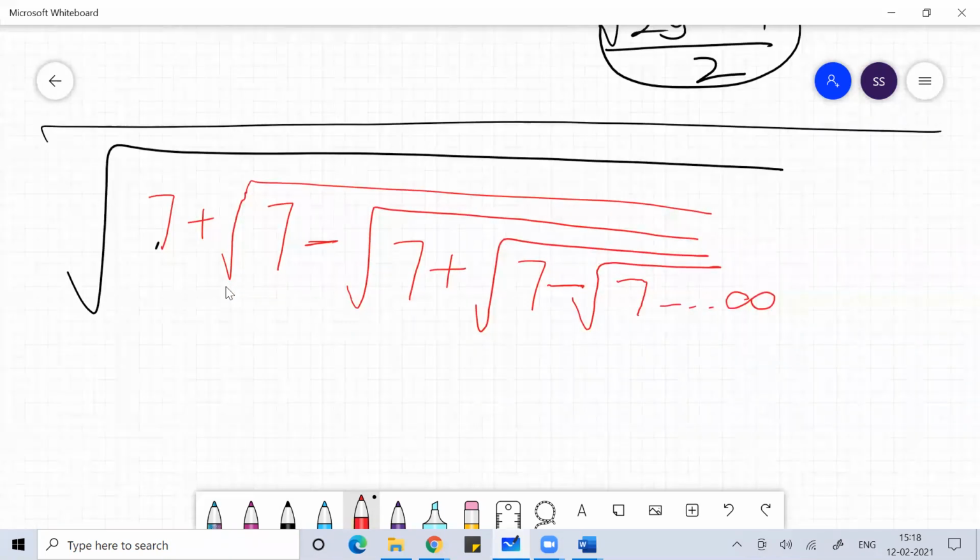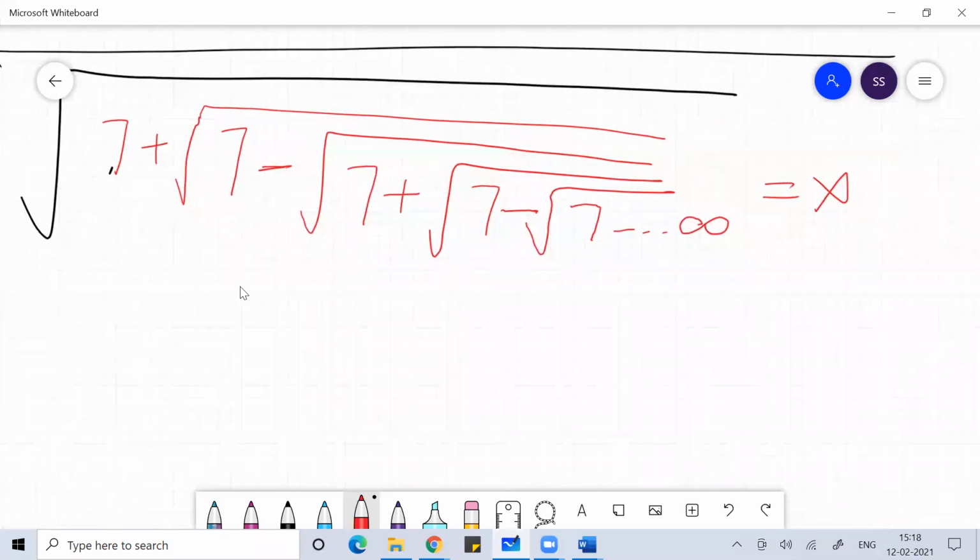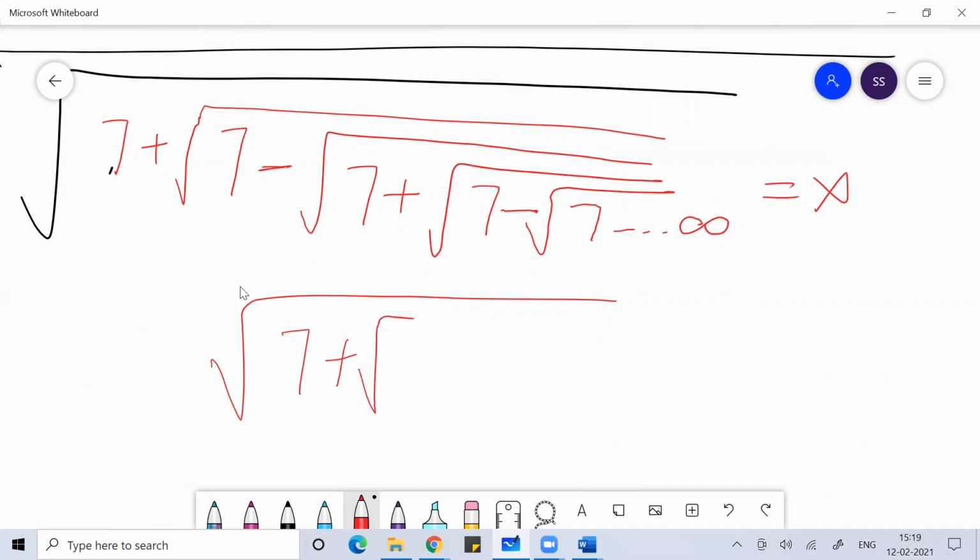Now, if you make this equal to x, so you know the pattern. What is the pattern? Under the root, you have 7 plus, then you have 7 minus, and again the same pattern repeats. Then this is equal to x.